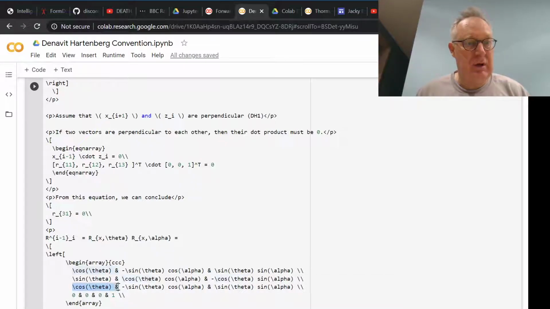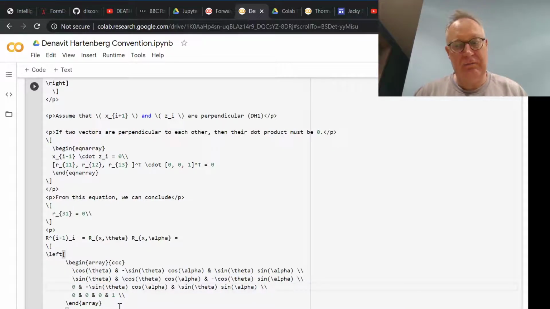Now R31, that's the one we already know, that must be 0.